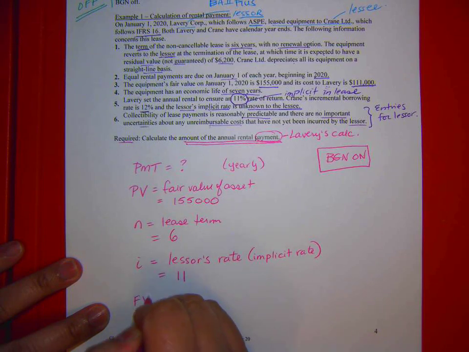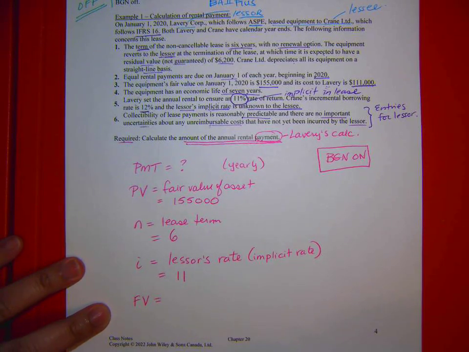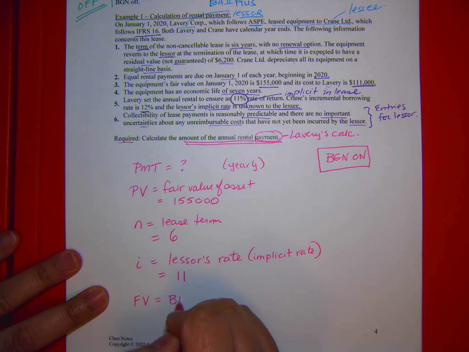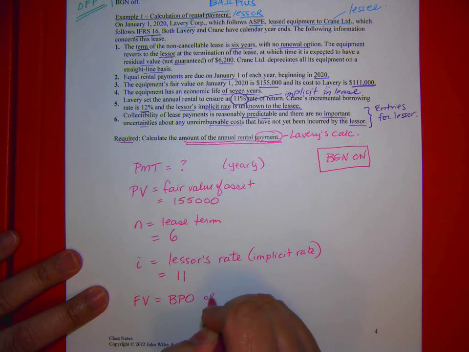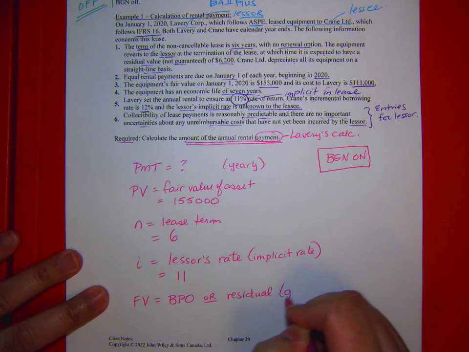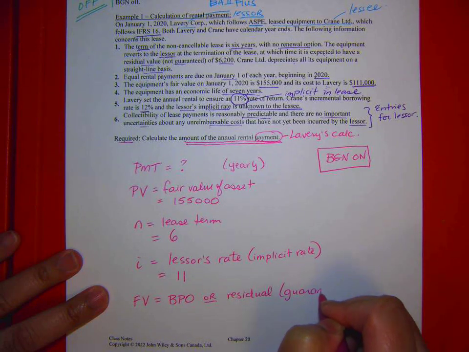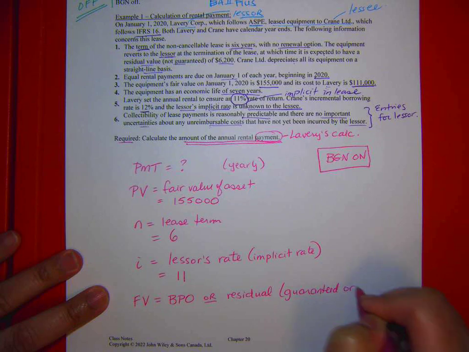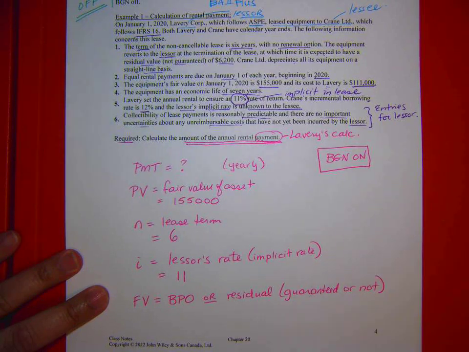And the future value is going to be the BPO or residual, whether it's guaranteed or not. And that's going to be $6,200.